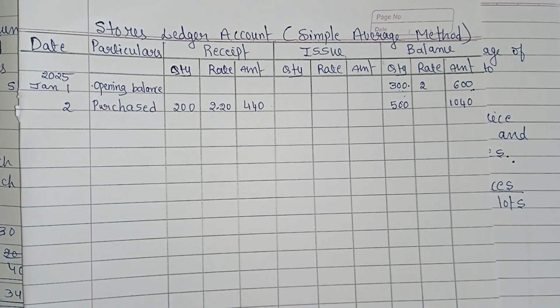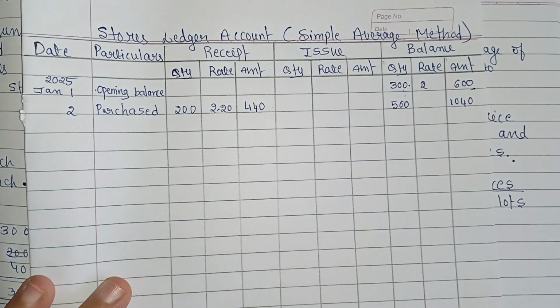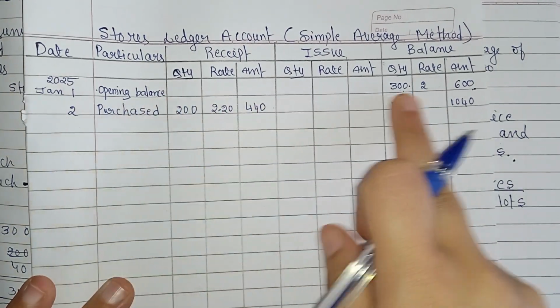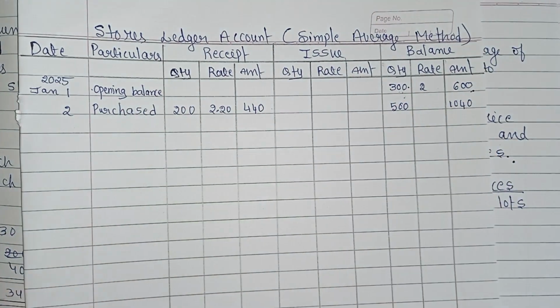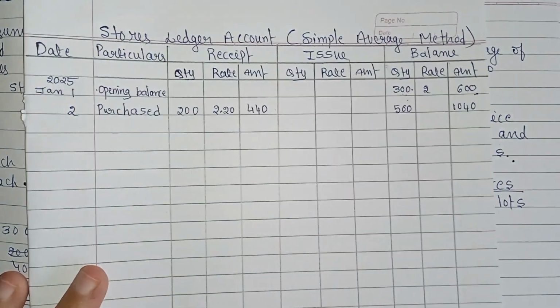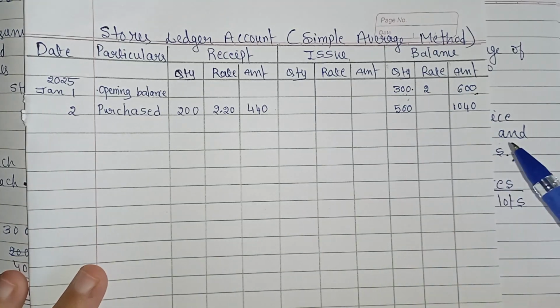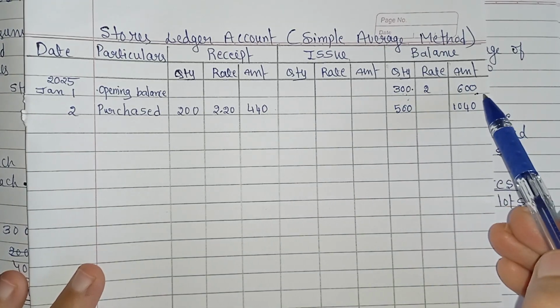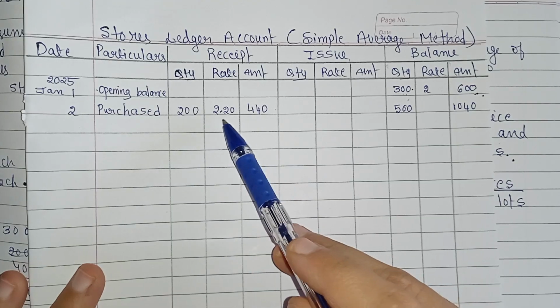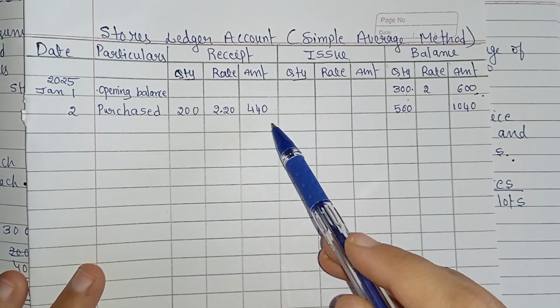Remember, in the simple average method we will not write down the rates. Only for the opening balance we need to write down the rate, but after that we should not write down any rates in the simple average method. But in LIFO and FIFO we write down the rate also, clearly and separately: the balance stock, that is 300 into 2, 600, 200 at the rate of rupees 2.20, 440.